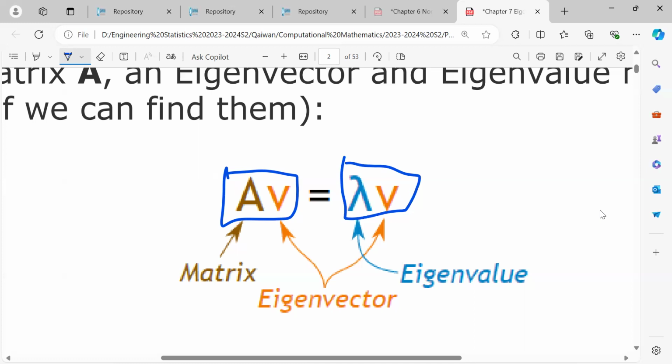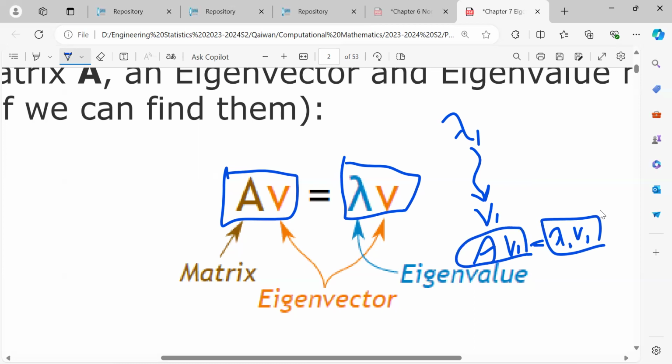As we said, if we have lambda 1, which is an eigenvalue, for this lambda 1 we could find an eigenvector V, the corresponding eigenvector to lambda 1. Let's say it's V1. A times V1 is lambda 1 times V1.